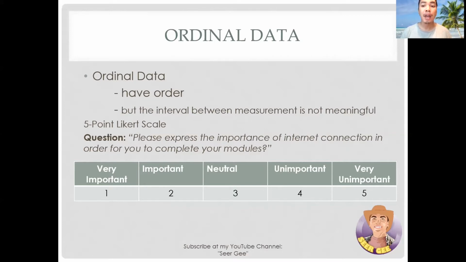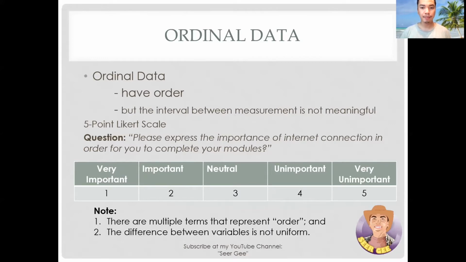For instance, if you have variables in a particular order, low, medium, high, they can be represented as ordinal data. These are the two important factors to consider for ordinal data. So students, you have to note this. There are multiple terms that represent order, such as high, higher, highest, or satisfied, dissatisfied, extremely dissatisfied. The difference between variables is not uniform.